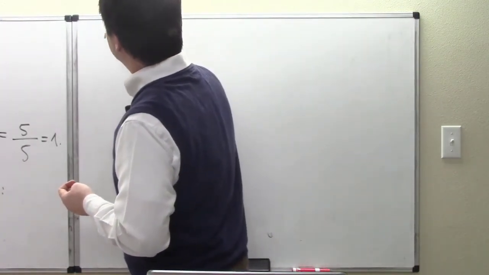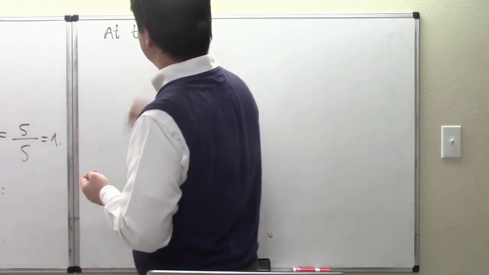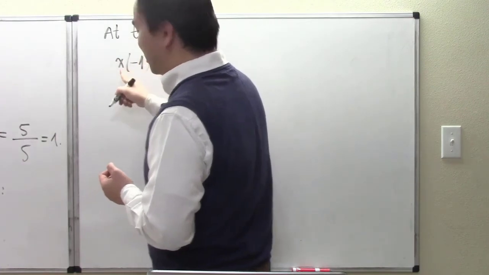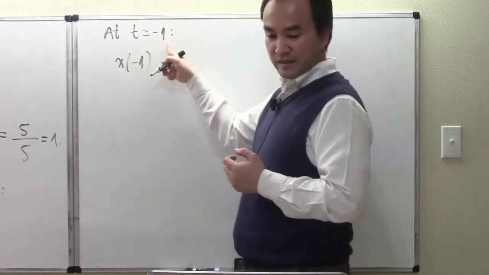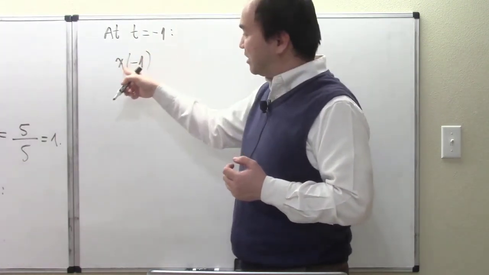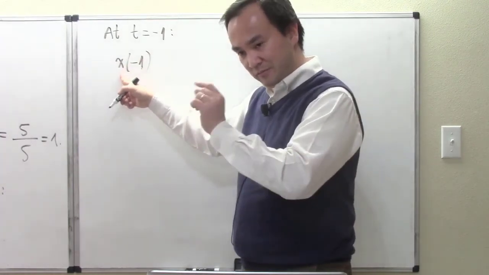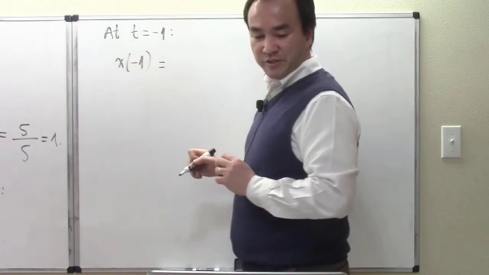So at t equals -1, this is what we have right here. X of -1. I'm talking about substituting t equals -1 into our x parametric equation of the particle, of the object there.